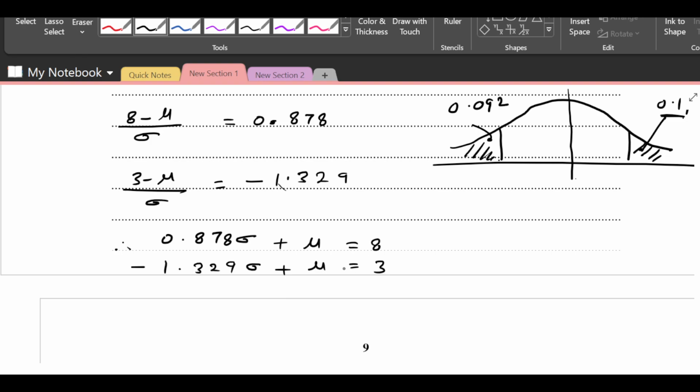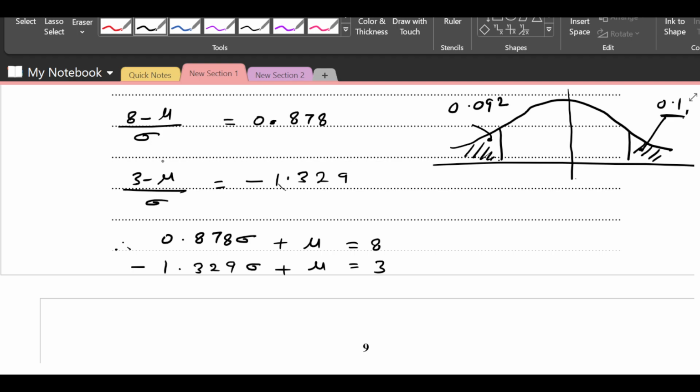Okay, so we use a calculator to solve this.